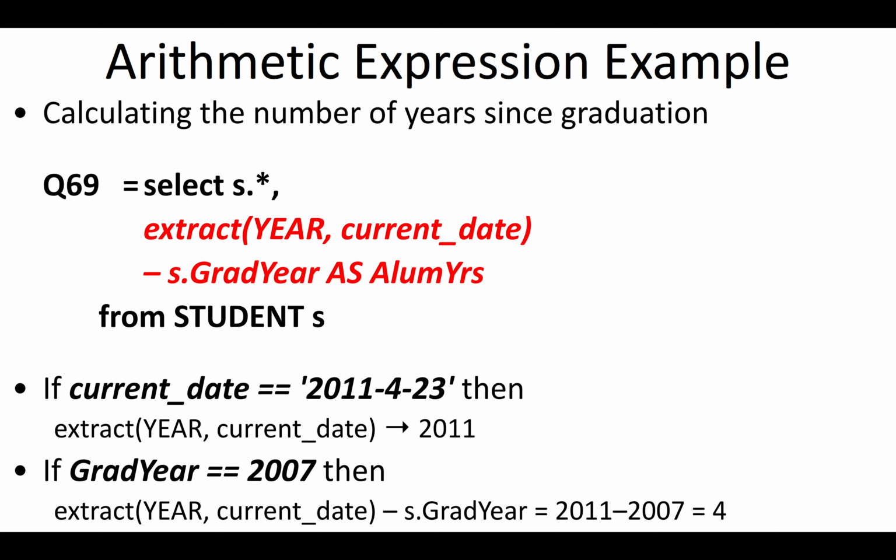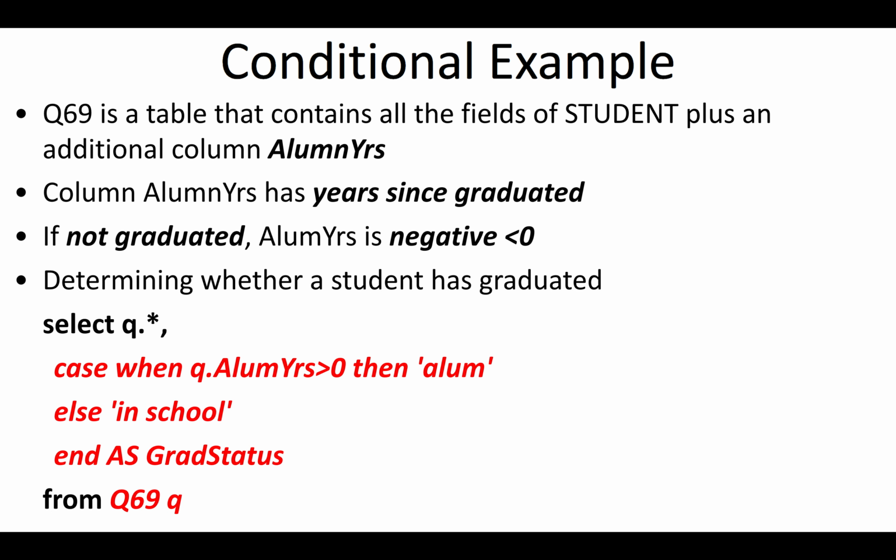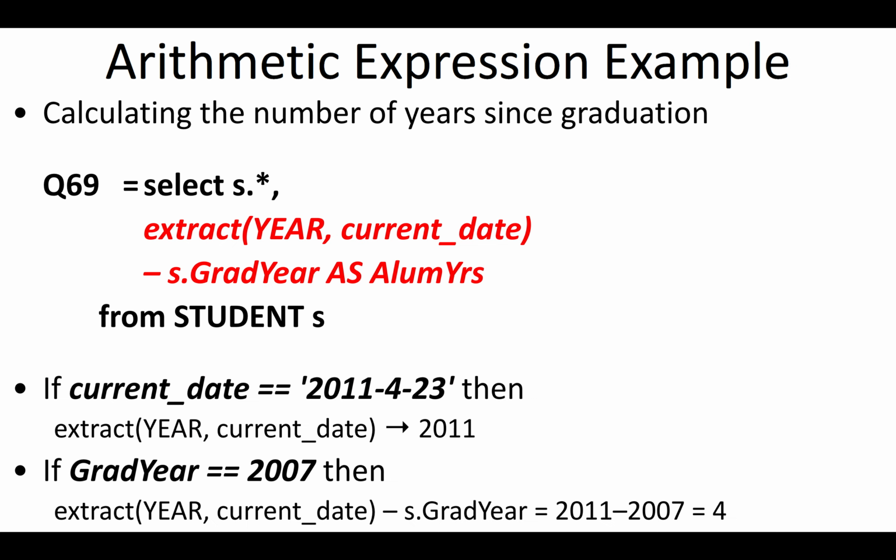So let's see. We're subtracting it, and so if the current year is 2011, then we're subtracting 2007 from that. We get a 4. And then we can use that expression in a case, right? We're saying, take that table Q69 that we had earlier, right? This query here, this whole thing, put it in parentheses.